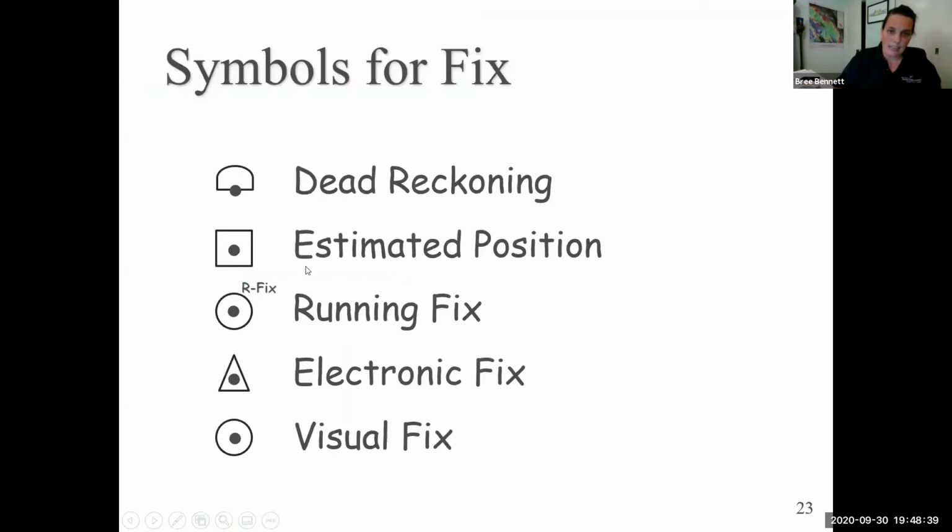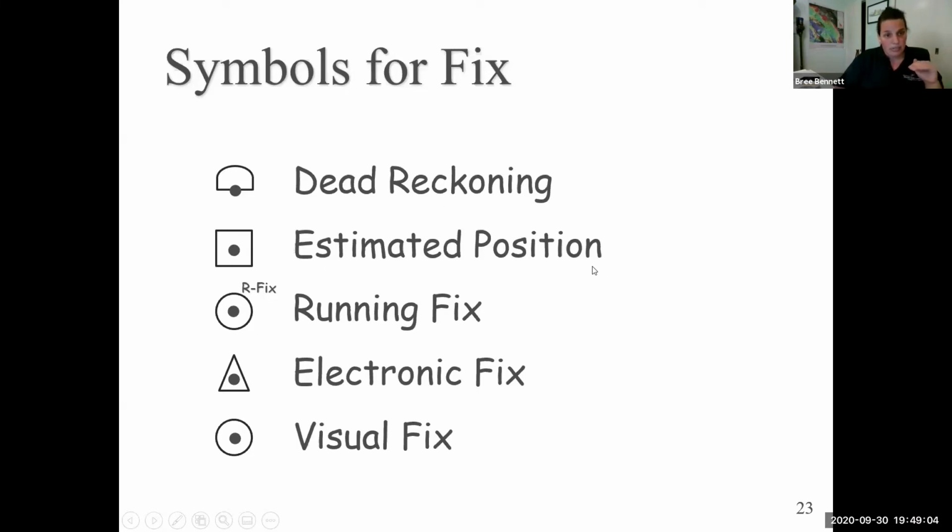So this is a symbol for different types of fixes, and I also put it in a hierarchy. So dead reckoning is your basic. It's just a calculated position, just using your speed, distance, and your intended course. So basic information.